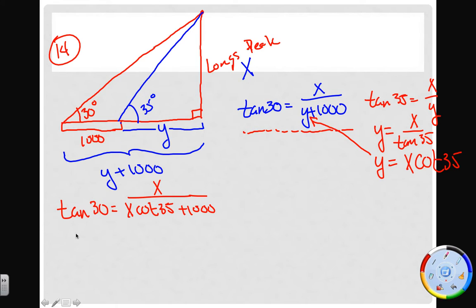So I have to cross multiply. So cross multiplication here is really not bad as long as you just kind of pace yourself. 1 times x is x equals tangent of 30 times x cotangent 35 plus 1,000.